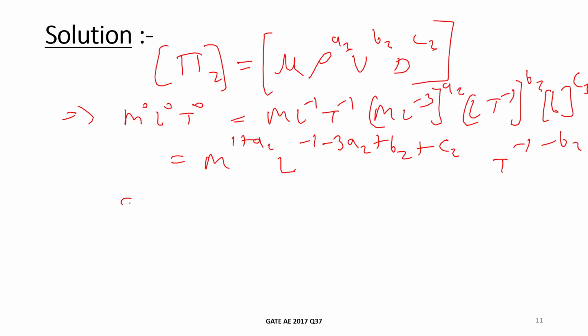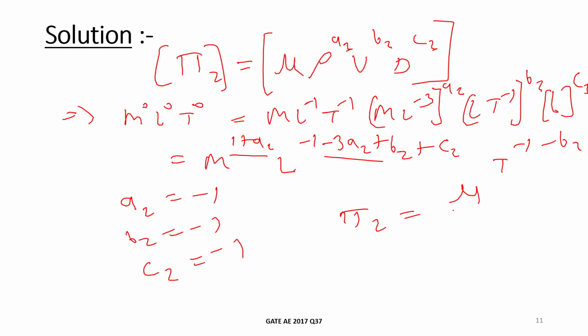If we solve, then if we get all the powers equal to 0, then we will get a2 equal to minus 1, b2 equal to minus 1, c2 equal to minus 1. So we will get the pi term pi2 equal to mu upon rho u d.